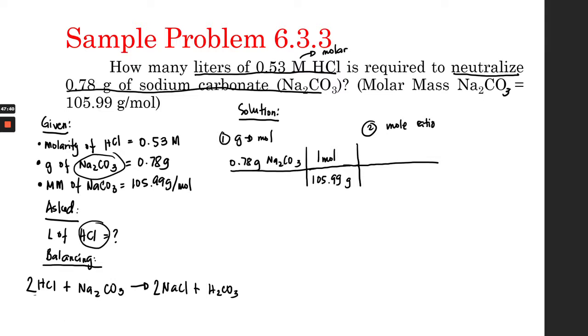Since we begin with Na2CO3, we are looking for HCl, so we'll put the HCl on top. That's 2 moles of HCl per 1 mole of Na2CO3.